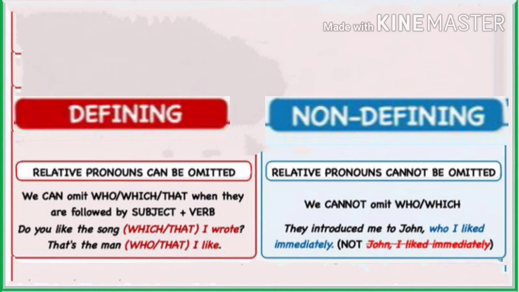We cannot omit who or which. For example, they introduced me to John, who I liked immediately. We cannot say simply, they introduced me to John, I liked immediately. It is the wrong sentence. So these are all the main differences between defining and non-defining relative clauses.